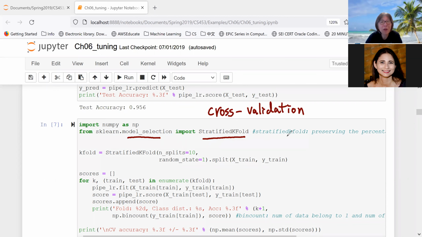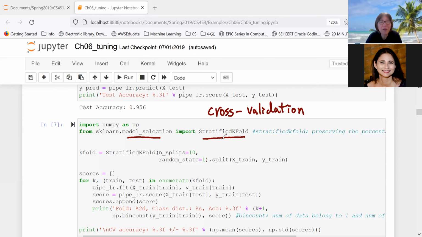Previously we also learned that stratify tries to preserve the ratio of the classes when you do the split between training and testing, because you may have one class over the other class, it's not 50-50, maybe 60-40 or 70-30.